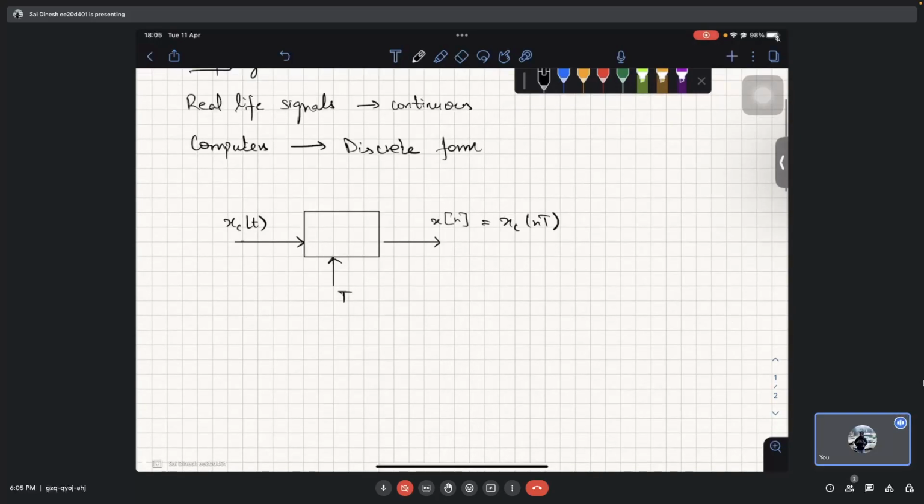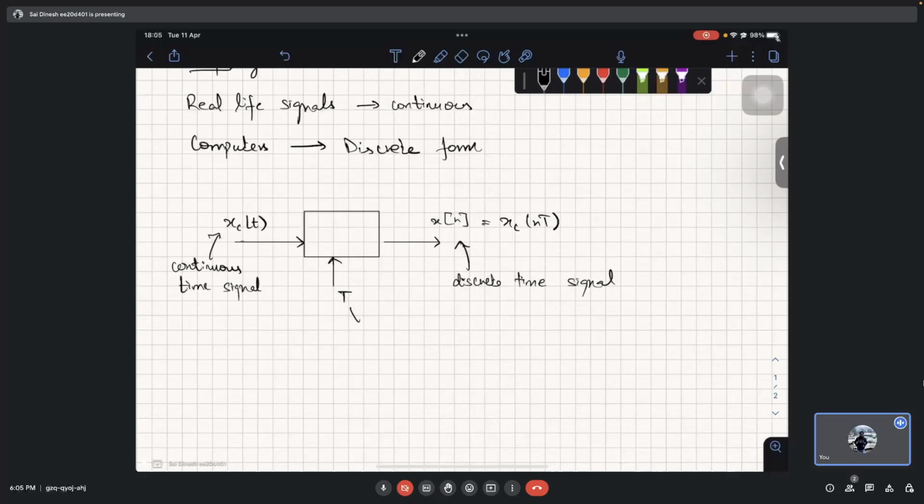So this xc of t is the continuous time signal, and this is the discrete time signal.